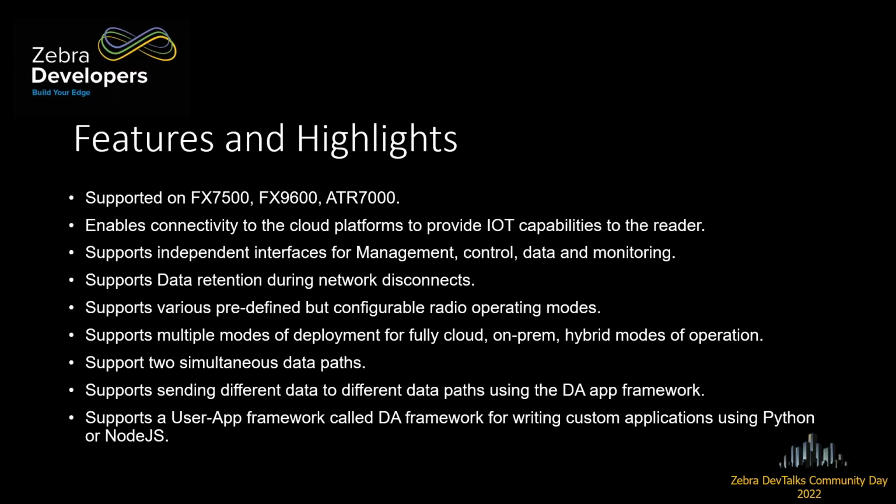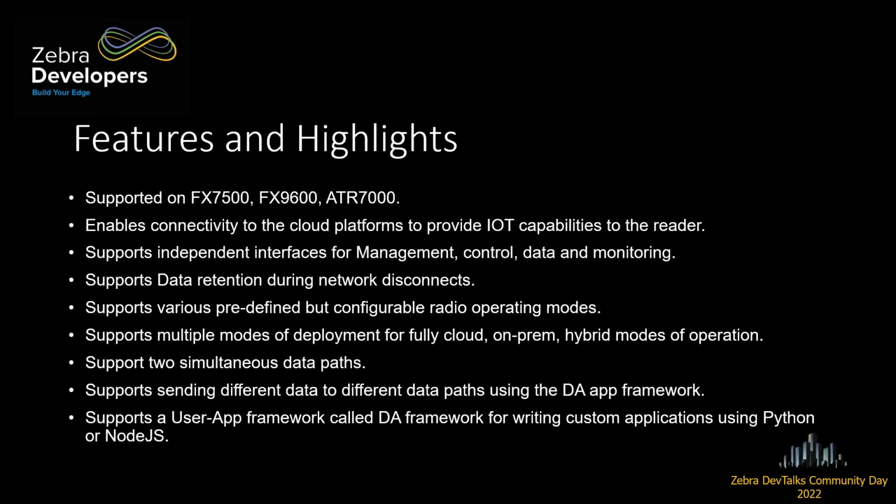The other feature that is part of the IoT connector is the data retention. So I think we talked a little bit in the previous session about how LLRP buffers data in case of it not being consumed by the user fast enough.